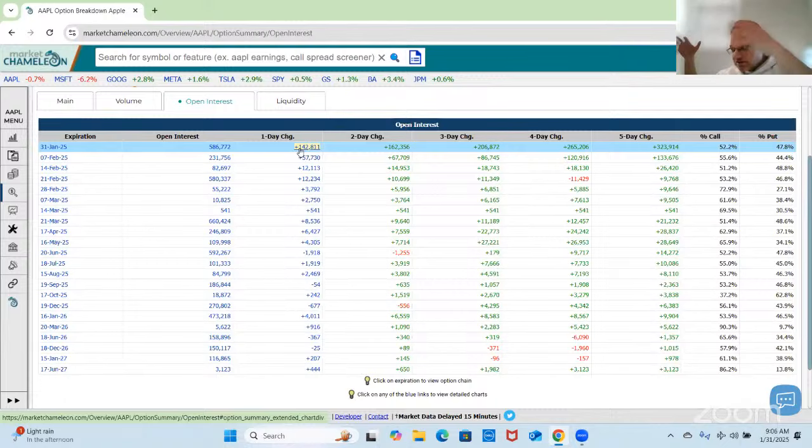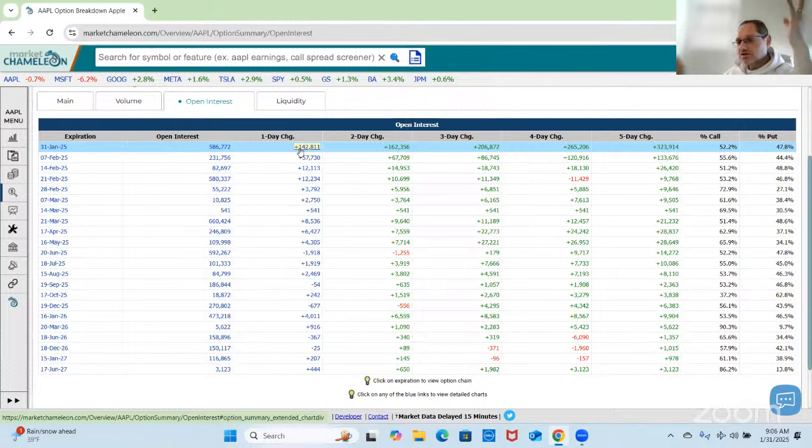So how do we dig deeper and see how this increase of 142,000 contracts is distributed? Was a lot of it in one particular option, like a particular call and strike? Was it evenly distributed?